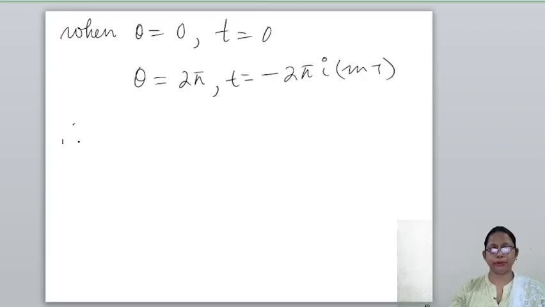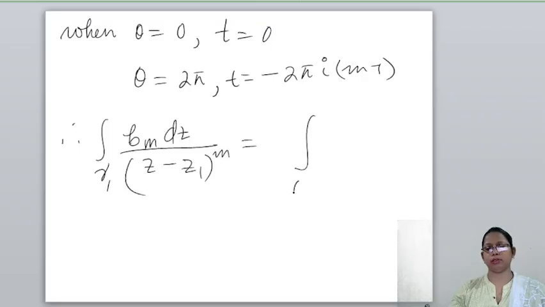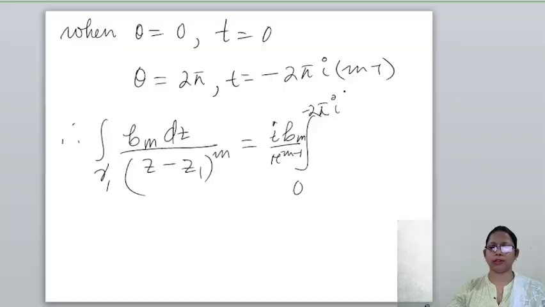Therefore, the integral over gamma 1 of b_m dz over (z minus z1) to the power m is equal to i b_m r^(m minus 1), integrated from 0 to minus 2 pi i (m minus 1), of e to the power t dt.